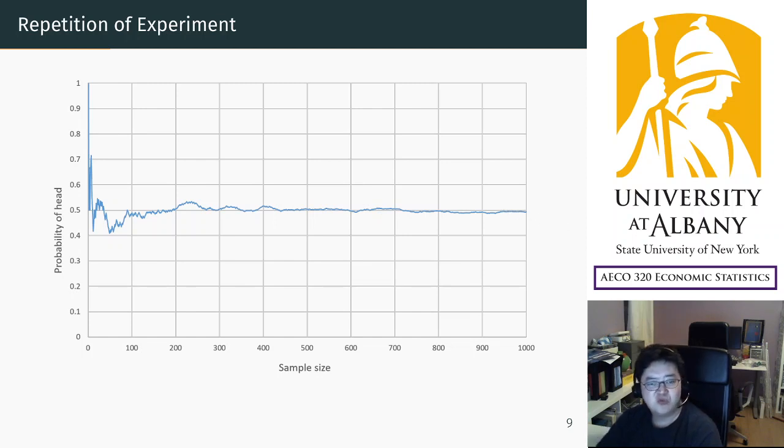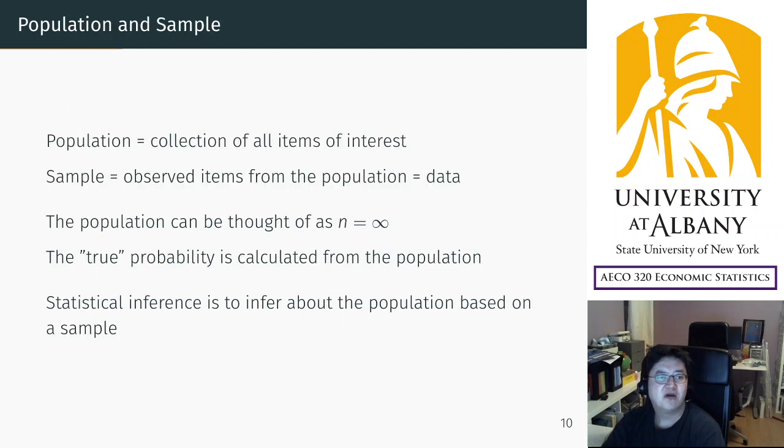Here, it implies a lot of things. Implicitly, it defines many things in a natural way. First, we can think about the truth. What is true probability?